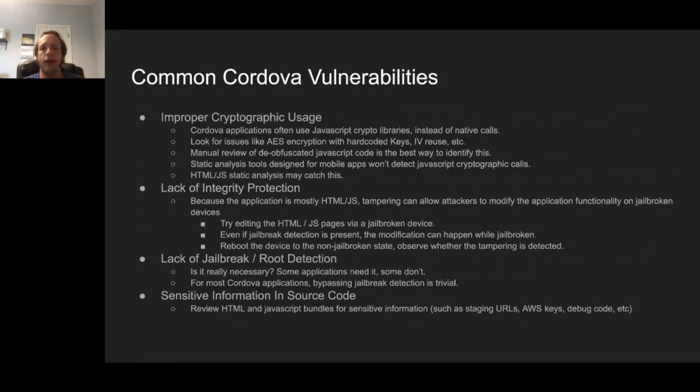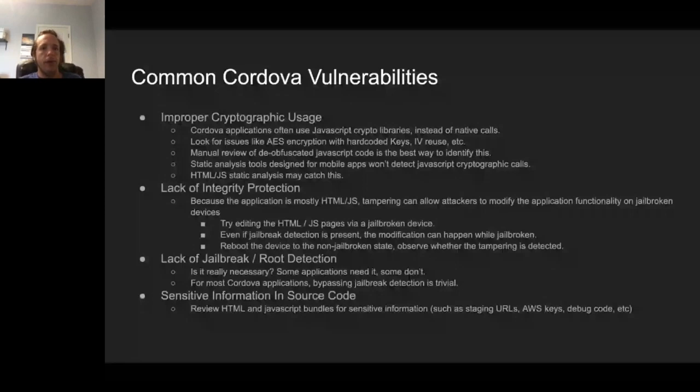And these are things that you're not going to find in the static analysis tools that are tailored to mobile applications. You're going to find this manually. This is really a manual process. I've spent a lot of time digging through JavaScript code trying to find stuff like this. So when you're looking at a Cordova application, look really closely at the JavaScript that is actually running the application.